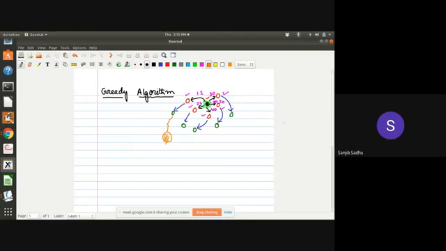Please remember one thing, that this is based on local optima. But there is no guarantee whether this will give the global optima or not.